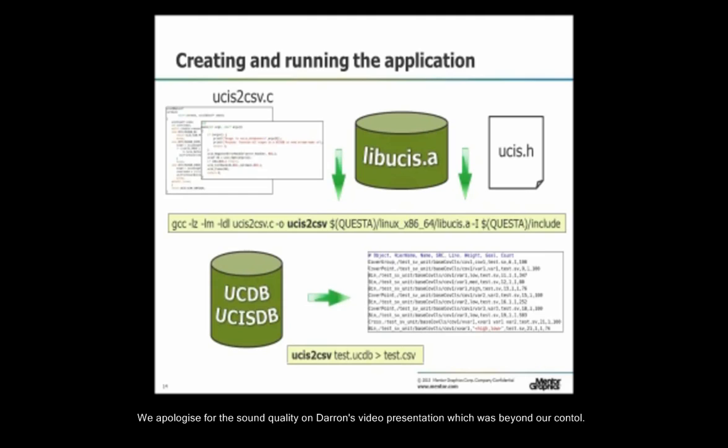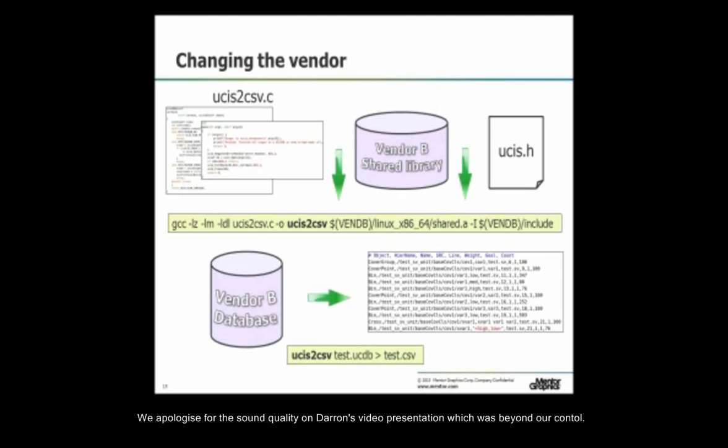This is a standalone application that you can run on any coverage database and get the information out of. If I wanted to swap my vendor that still supported the UCIS, then all it is is to swap out the shared library, get the database from the vendor, and you're using exactly the same API routines to access that data and output the data. So it shows how easy it is to swap vendors using the same API.